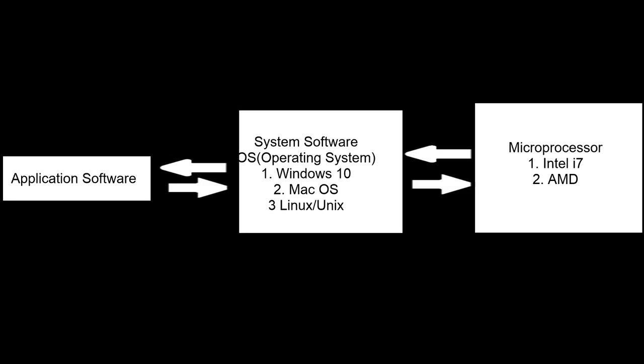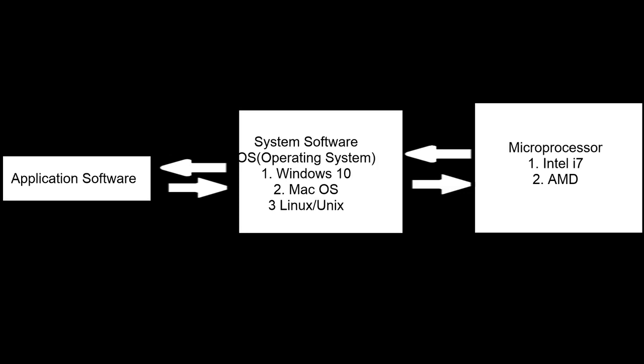So the types of application software that we have are word processors like Microsoft Word. We've got spreadsheet applications, we've got emails, we've got the browsers which we use to access the internet. Those are types of application software. The types of system software that we have are assemblers, BIOS, basic input output systems, bootloaders, which are used to load the operating system for the computer, and the most common system software available is the operating system.